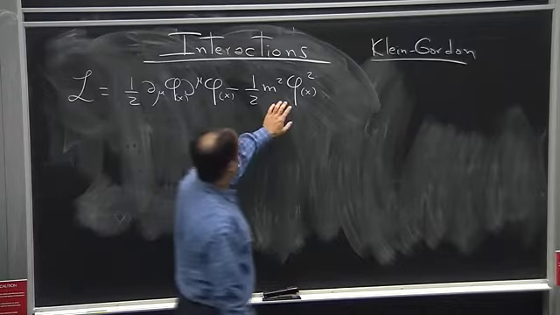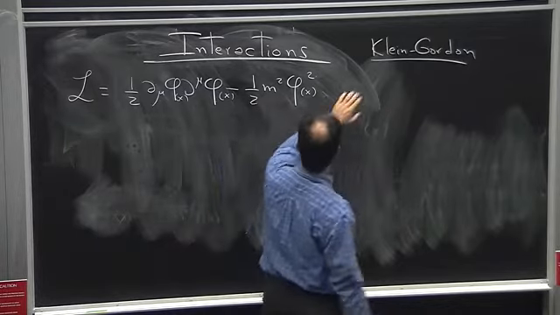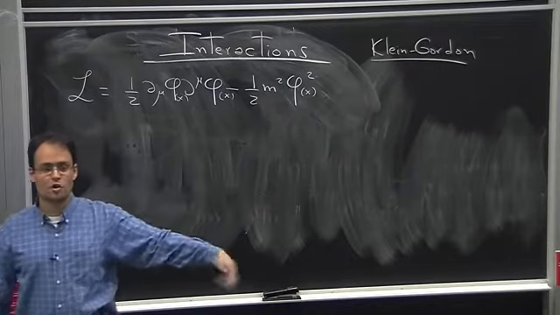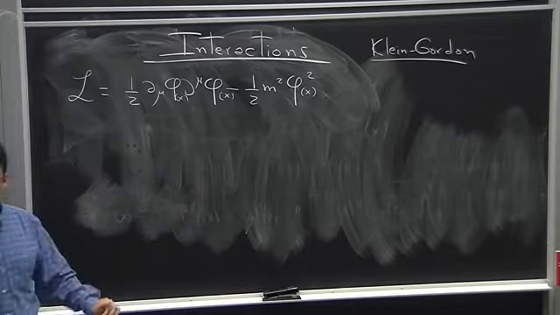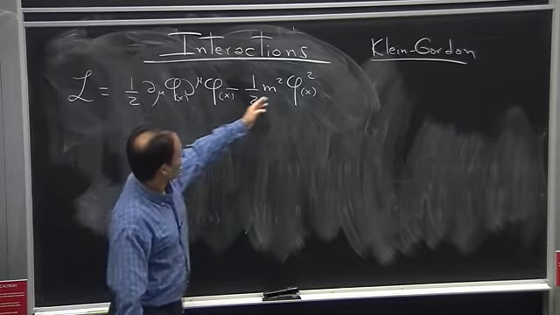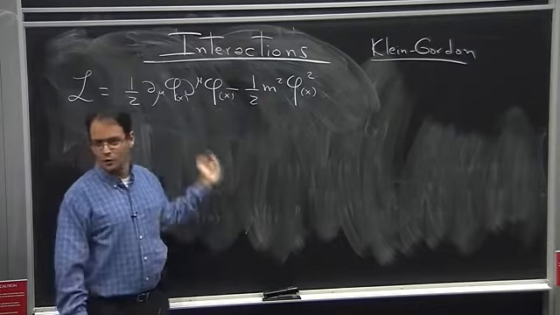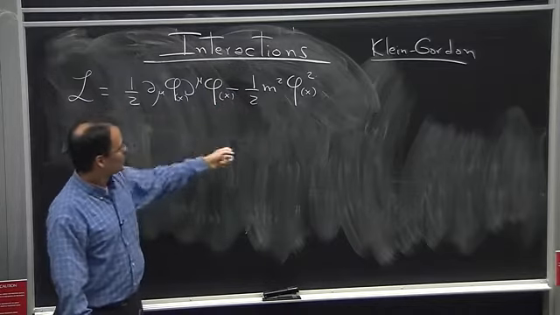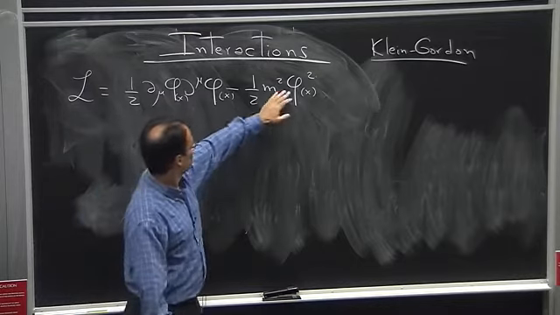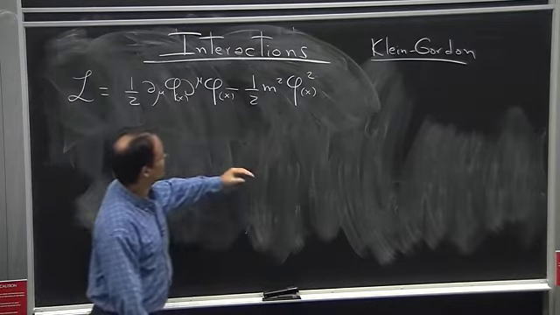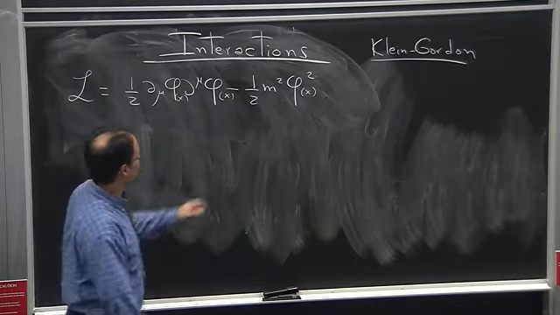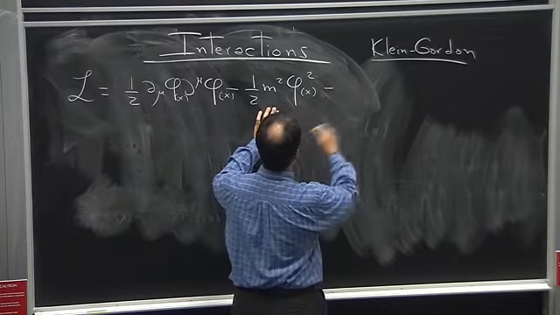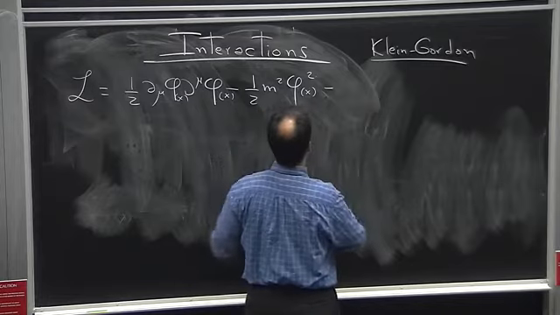Clearly we can add things here that make the equations of motion nonlinear and complicated. As you pointed out, when I first derived these equations of motion, I had a typo and put a square, and the equations of motion I had were nonlinear. But the equations of motion that come from here are linear, and that's why we could solve them completely. So we want to make life more complicated by adding terms that make the equations of motion nonlinear.